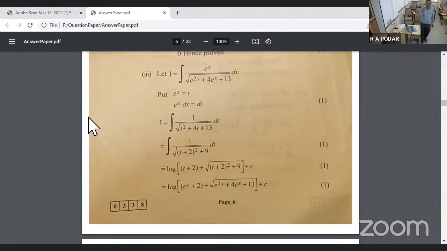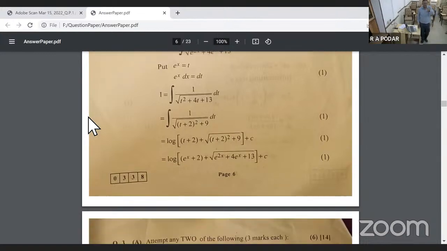So 2 square you have to add and subtract. So that you get t plus 2 bracket square plus 9. But there is no need to add and subtract. You can separate this 13, 4 plus 9, that you can do. So you will get it easily and the formula is there.